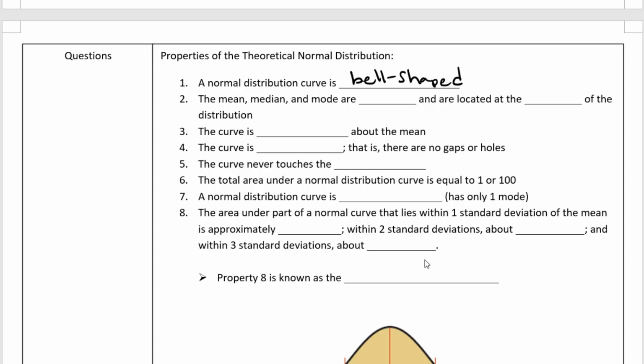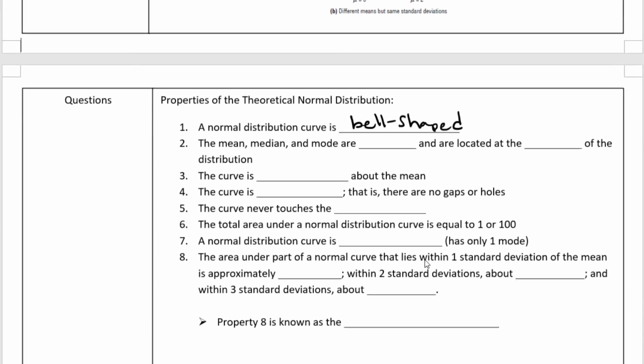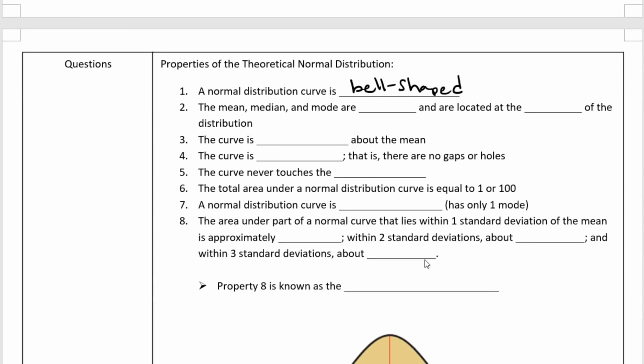We know that the mean, median, and mode are all located in the middle. So they're all equal to each other, and they're all located at the center of the bell curve. The curve is symmetric, which we can tell from the graph. It's symmetric about the mean.